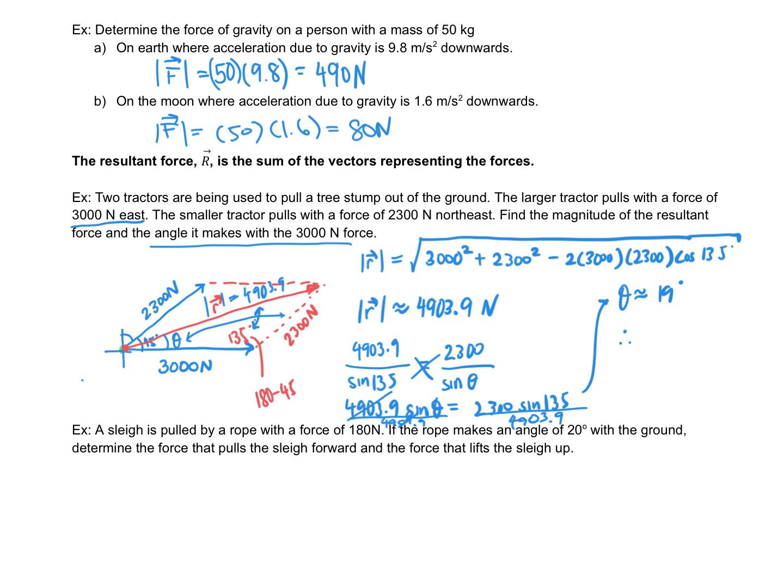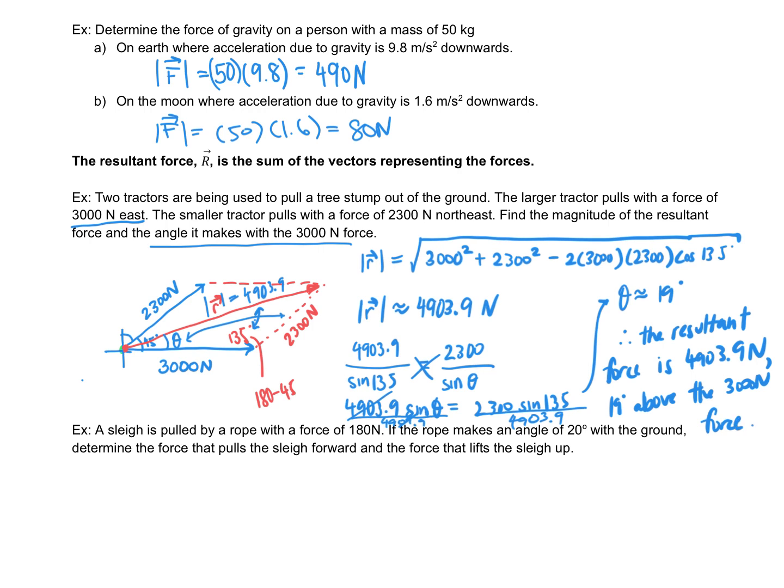So therefore, the resultant force is 4,903.9 newtons, 19 degrees above the 3,000 Newton force.